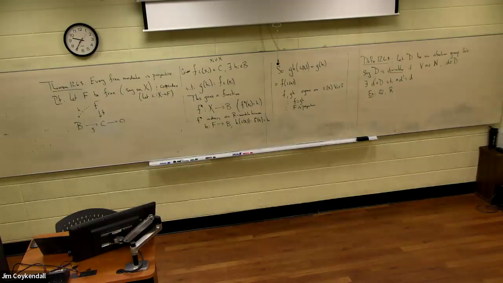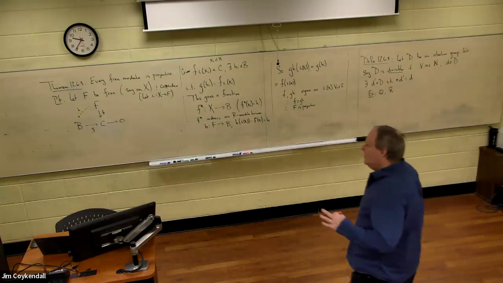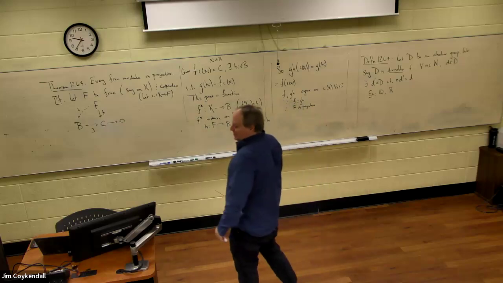Oh, here's one for you. Can you think of a divisible abelian group in which every element has finite order? This is kind of tricky, right? Because every element of Q or R, other than 0, has infinite order. Anybody think of finite? So I want a divisible abelian group, and every element in it has finite order.